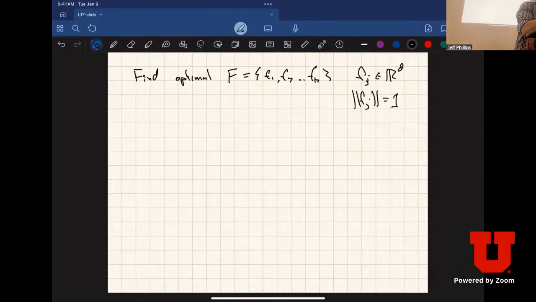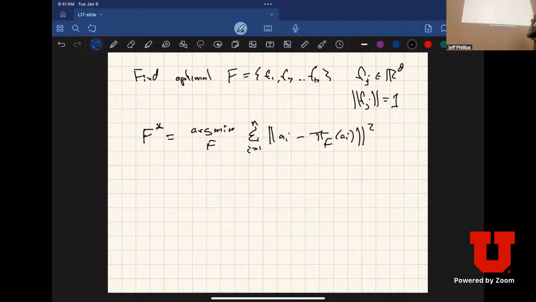Where I want F star equals argmin of f of a minus the projection onto f of, or we'll write this as this sum form.